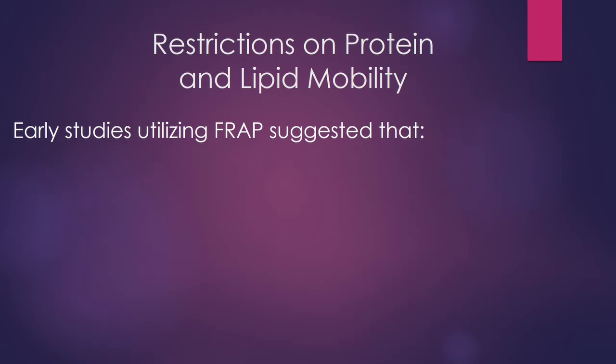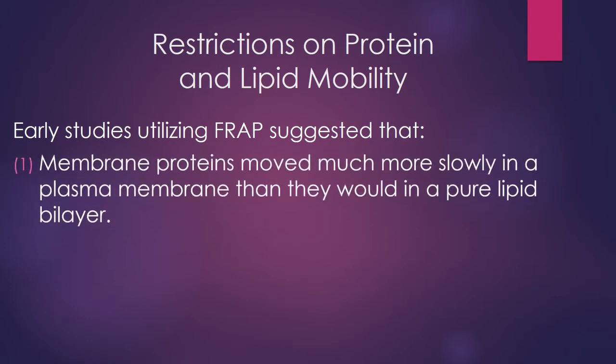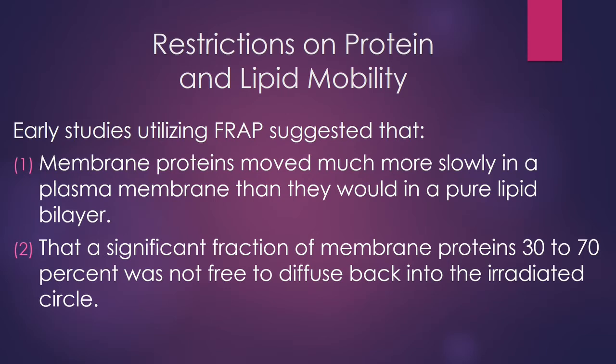Early studies utilizing FRAP suggested that membrane proteins move much more slowly in a plasma membrane than they would in a pure lipid bilayer, and that a significant fraction of membrane proteins, 30 to 70%, was not free to diffuse back into the irradiated circle.